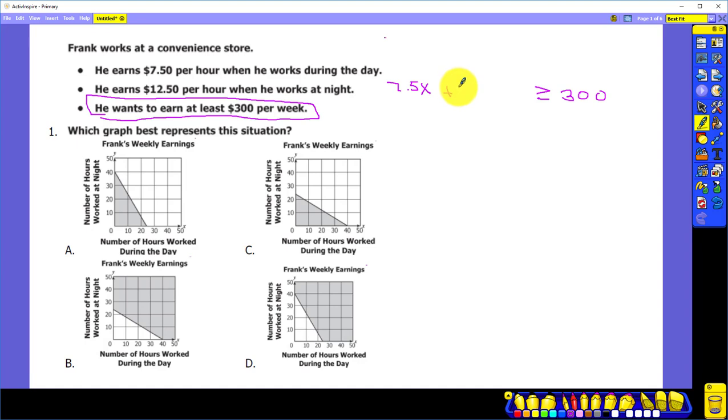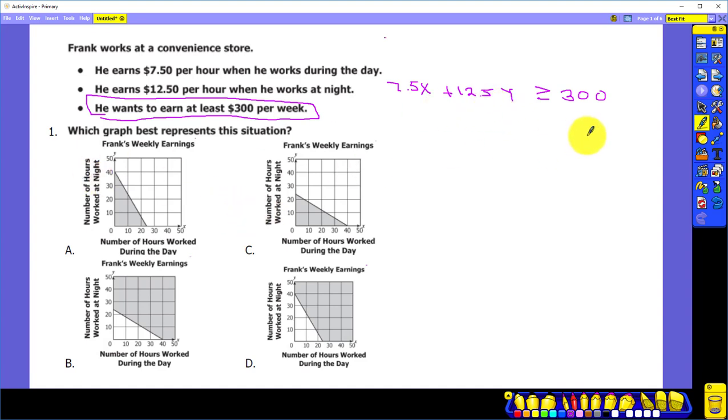So to represent this, it will be 12.50y. Alright, so if you sum his earnings during the day and during night, it should be at least $300.